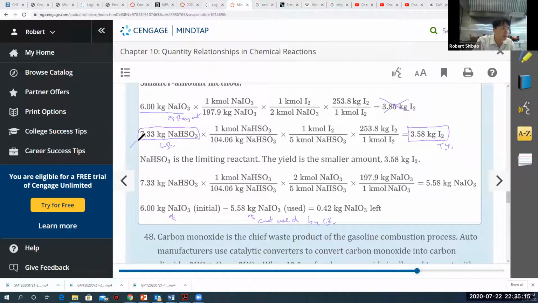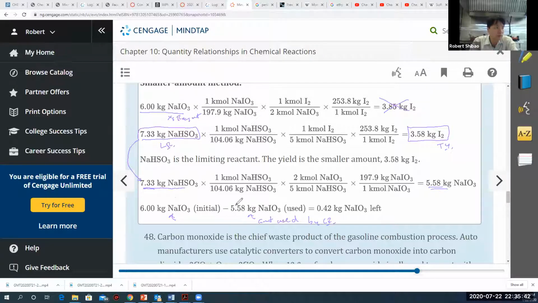So we drop the LR here. In this calculation, we find out how many kilograms of excess reagent were used, sodium iodate here. And so we go from kilograms eventually to kilograms of sodium iodate. And so this is how much sodium iodate was required to react with all of our limiting reagent here, 5.58 kilograms.